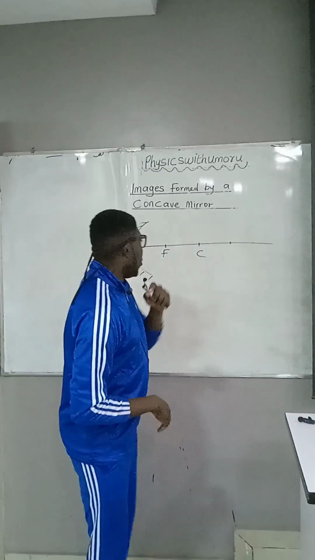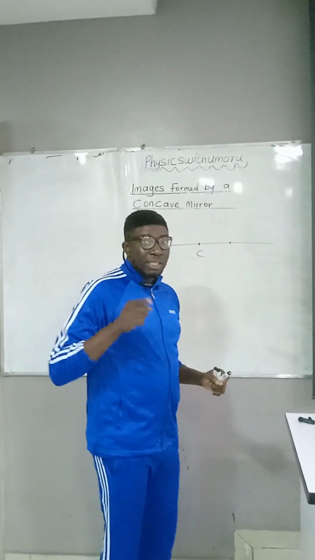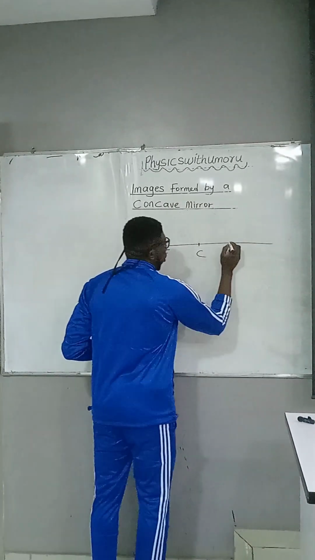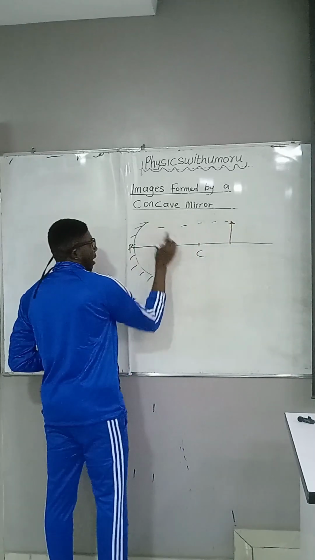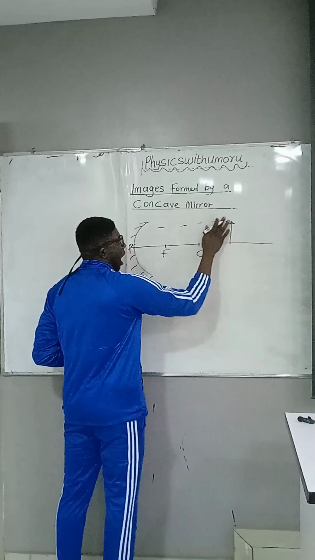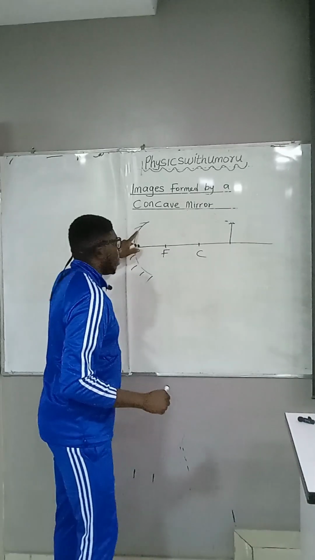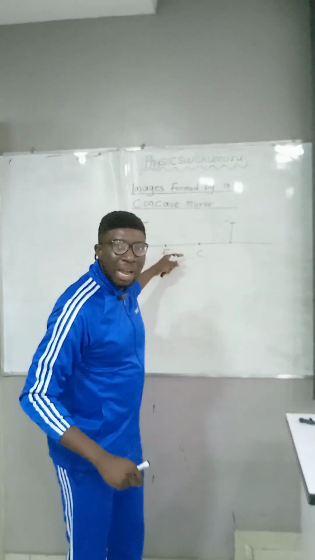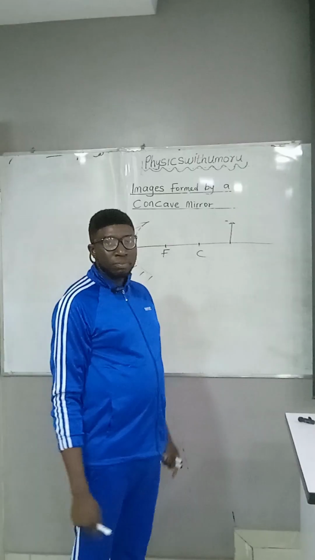So let's say an object is placed here. I'll have to draw a line that is parallel to this principal axis. And remember that any ray that is parallel to the principal axis, when reflecting or returning back, must pass through the principal focus.